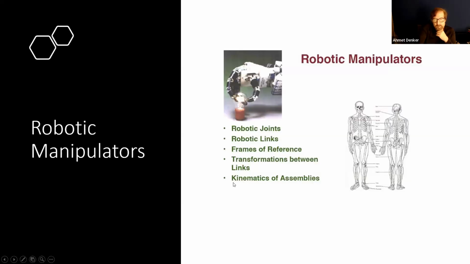Now the last term here is kinematics of assemblies. Well, let's just keep this in our ear and wait until we define what kinematics is.